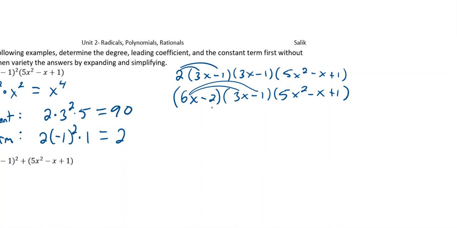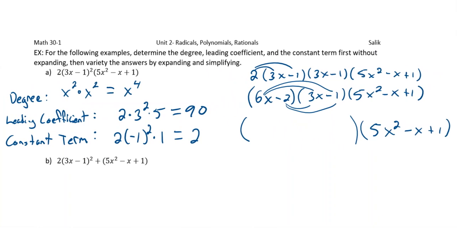So I'd go that one times that one, and that one times that one. I'd have to figure all that out, put it in brackets, and then multiply by 5x squared minus x plus 1, and expand all that out again. You guys might have to do these types of questions, but we did a ton of this in past years, too. So I'll move on just for the sake of time.